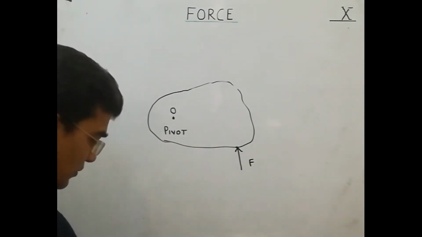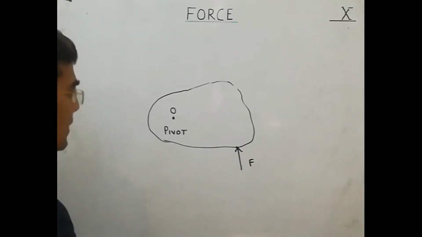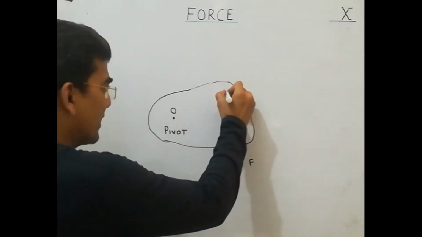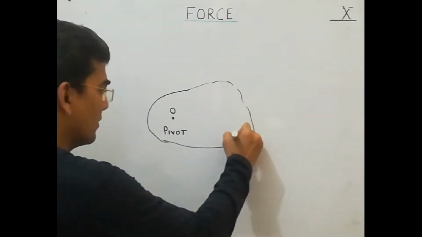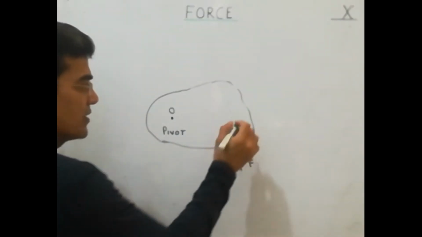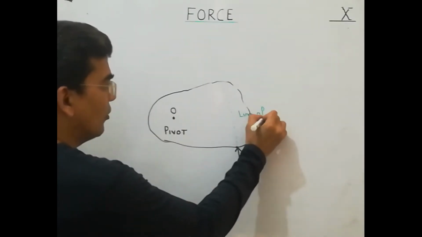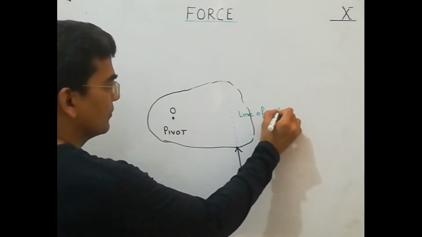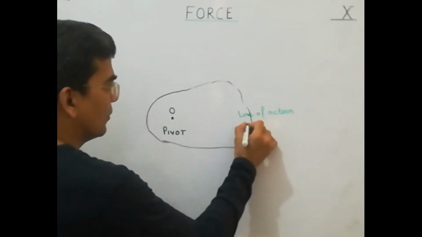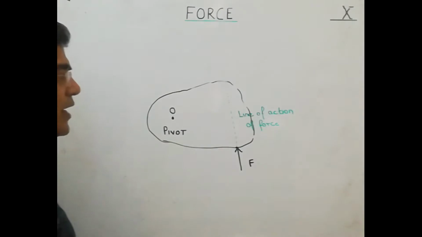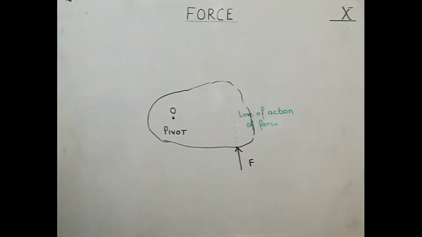So how do we measure the tendency of the force to produce that rotational motion? Now the force is being applied in this direction, so extended, this will be known as the line of action of force.